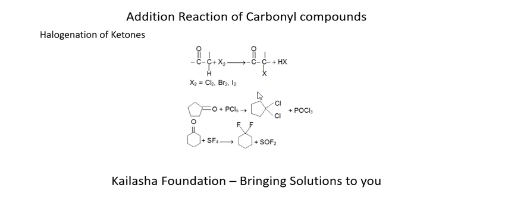Here remember that direct halogenation cannot take place in the case of fluorine. Only chlorine, bromine and iodine give the direct halogenation, which is at the carbon adjacent to the carbonyl carbon. In the case of PCl5, two chlorine atoms get attached to the carbonyl carbon, and with SF4 we can add fluorine also.